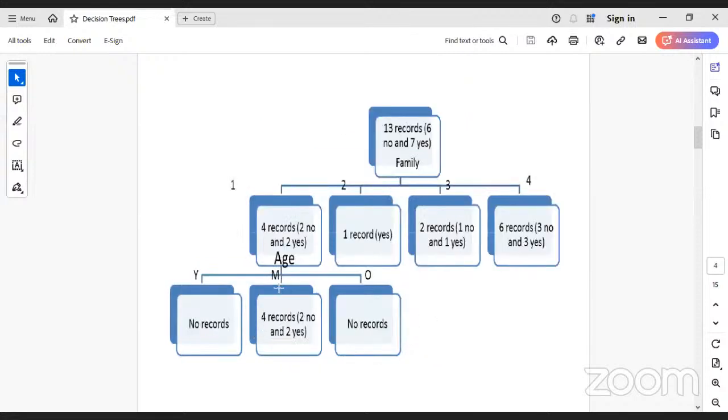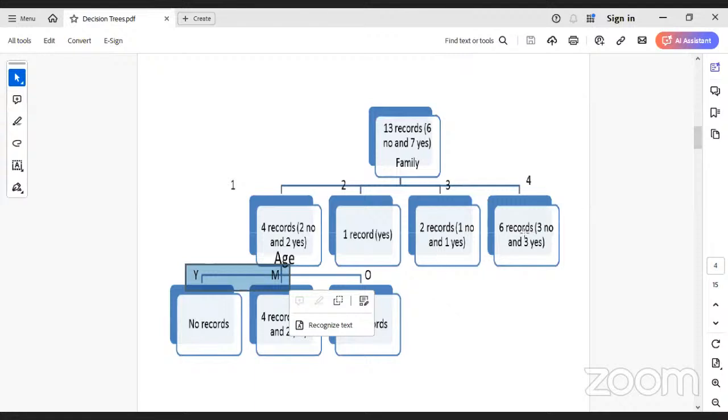Even if we take age under family is equal to 3, we have only old data, so we don't have records under young and middle. So the young and middle categories of age will have no records, and age will have only records of old.